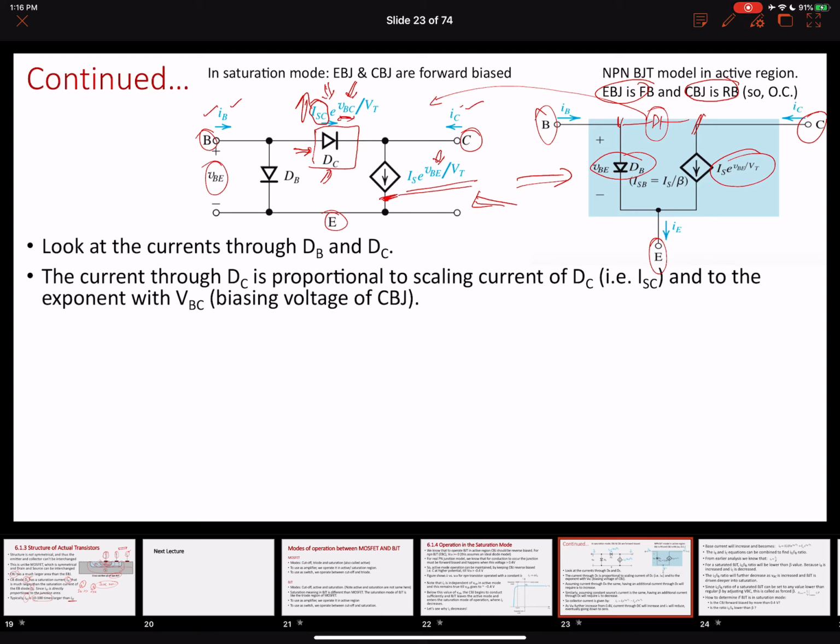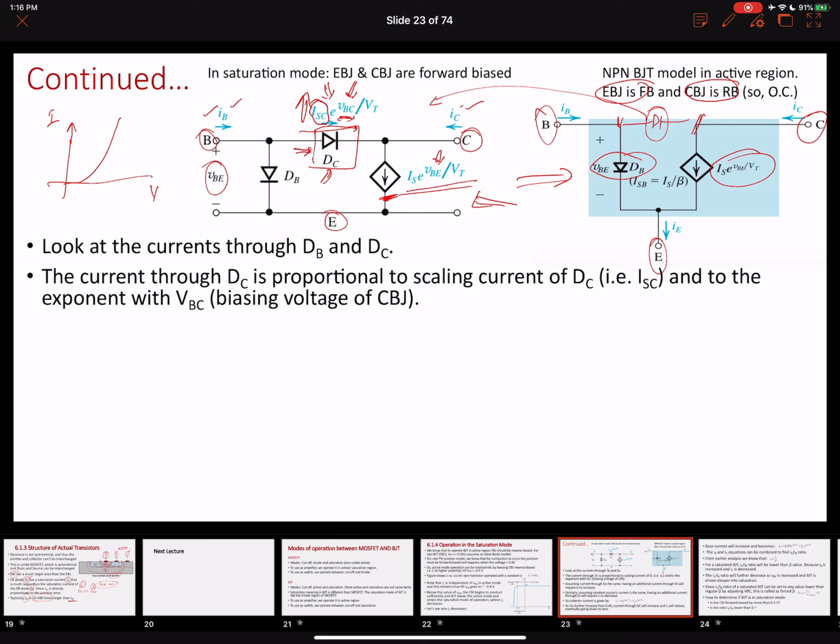So depending on this biasing voltage, we figure out how much current is flowing here. Again, you have the characteristic of a p-n junction diode, current versus voltage. Depending on the voltage level, our current will change. So the amount of current will depend on the biasing voltage applied at the collector to base junction, which is equal to VBC.